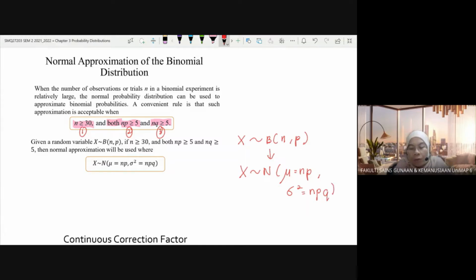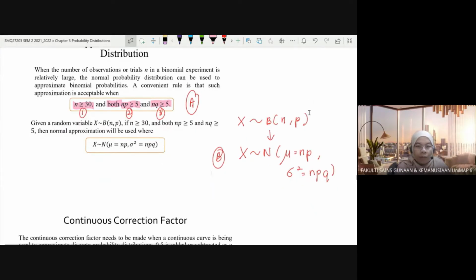That will be your new distribution following the normal. So please remember the criteria and the transformation from binomial to normal.